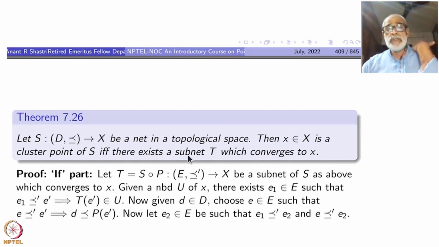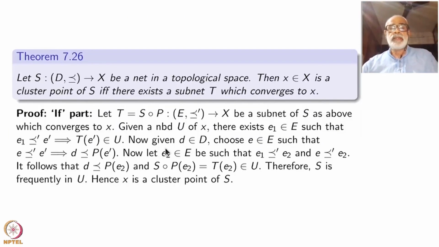Now, in terms of subnets, you have if and only if. Let us look at the if part. That means, if you have a subnet converging, then X must be a cluster point of S.